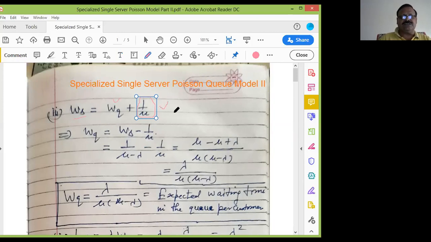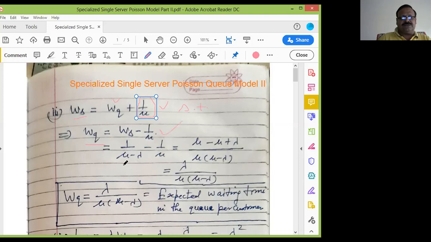If you want to write here, you can write it is the service time of an individual customer. So here is a simple manipulation in the process. This is Ws minus 1 upon mu.